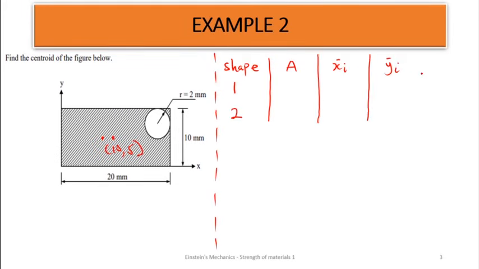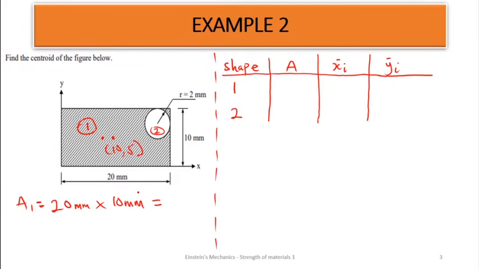The table approach is quite simple, so I prefer the table approach. For area 1, I'll consider the rectangle as my first shape and the circle as my second shape. For area 1, that will be the length times the breadth. That's 20 millimeter by 10 millimeters, and that is going to give me what?